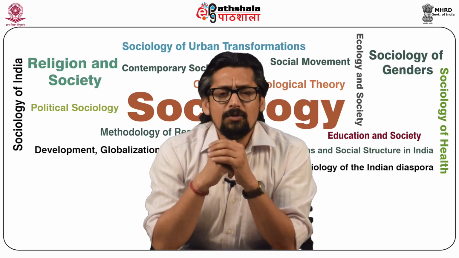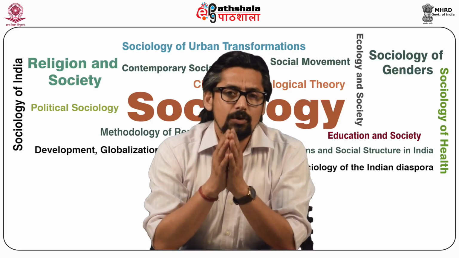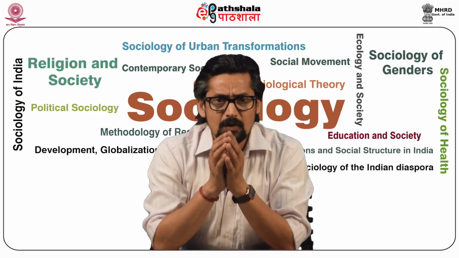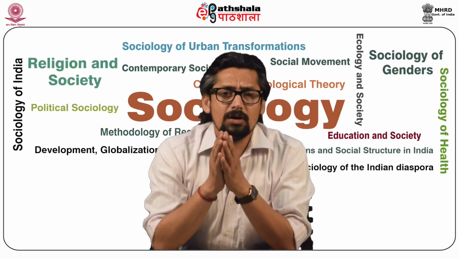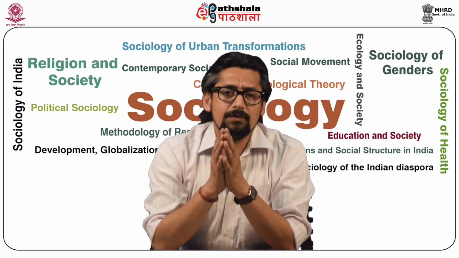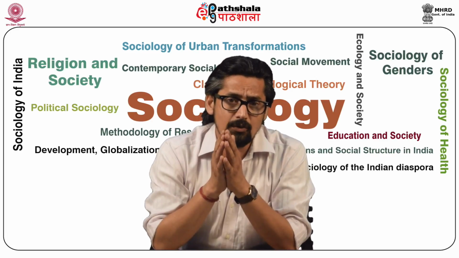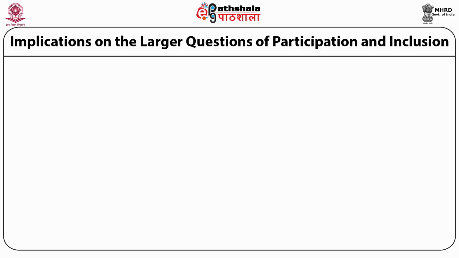A system of awards was also instituted for RWAs for achievement in the above said things. However, the Bhagidari could not cover the slum areas of Delhi, and it also failed to get the active participation of municipal councillors. So what are the implications of this kind of participation and inclusion in a democratic setup?